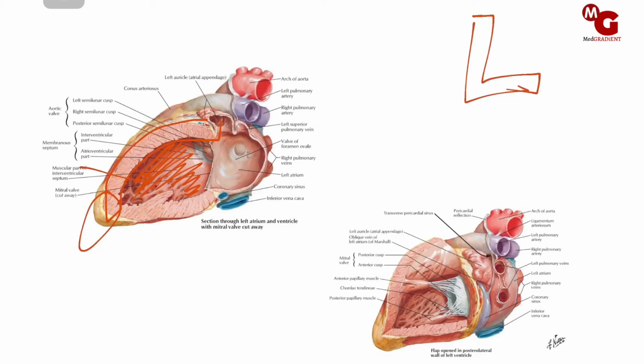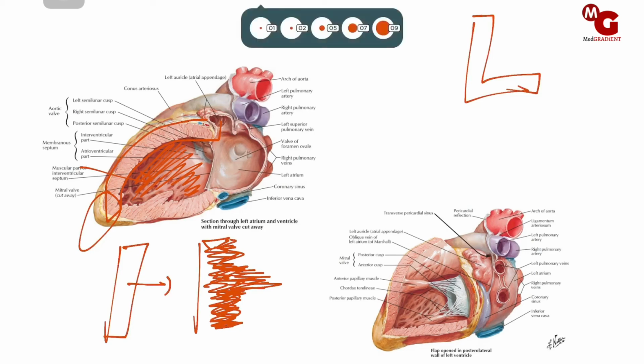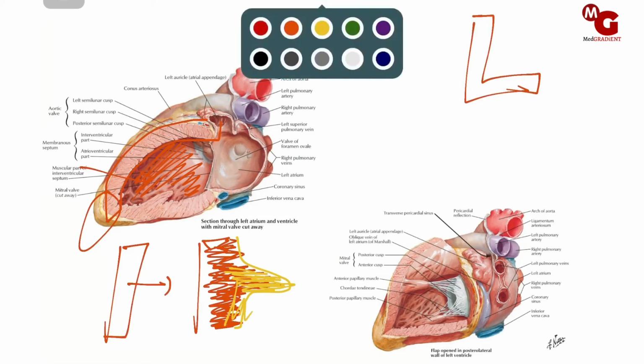Right now, see, we have got the wall, right? In this wall, what I want you to understand is that we've got papillary muscles. This is the muscle, right? And these muscles have some projections over here. Now this projection over here, if I give an outline for this, this is called the trabeculae carneae over here.